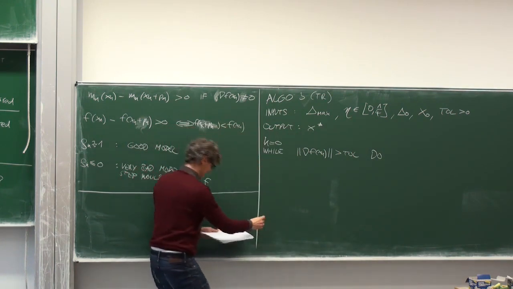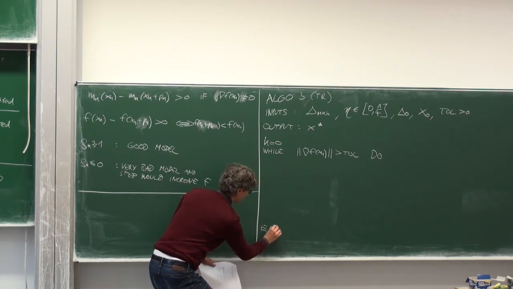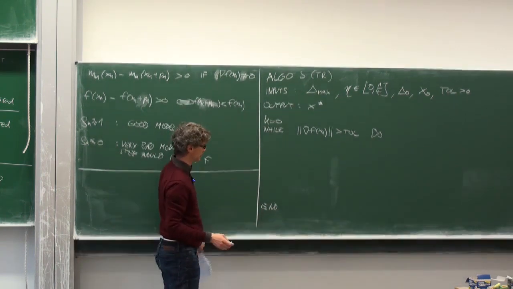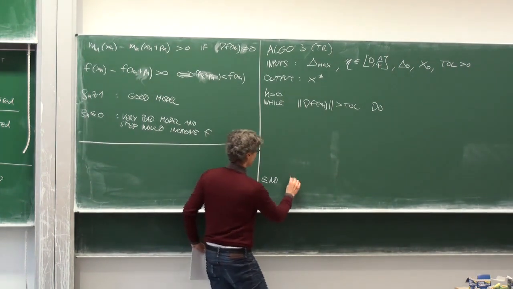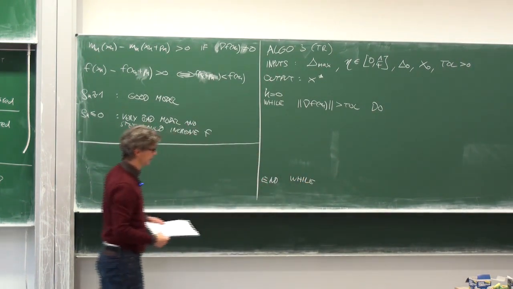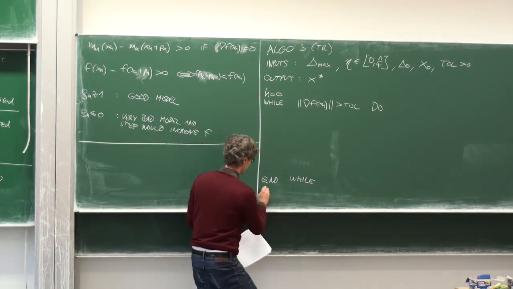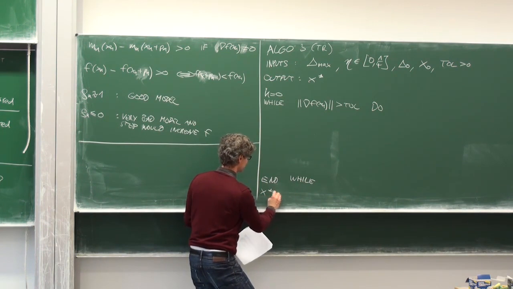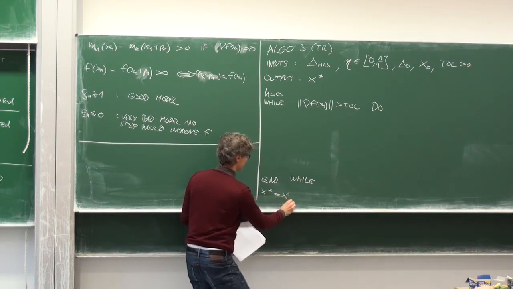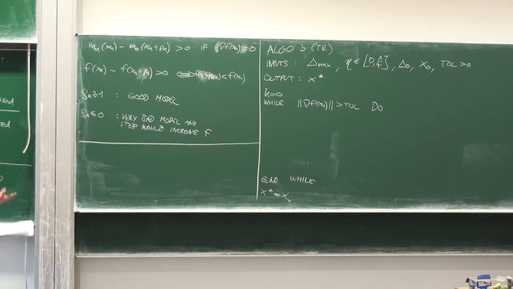Then at some point we will end this loop, we end the while here, using a Pascal-like notation. At the end, we would say the last iterate that we got is the solution that we output. So that would be the outline.